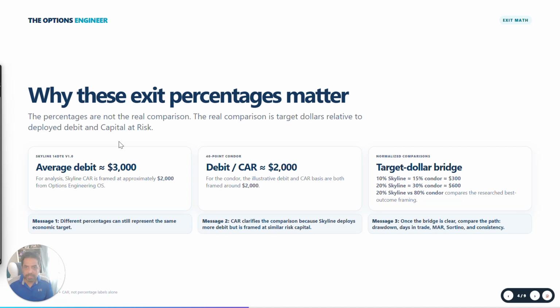That gives us a clean bridge. 10% of Skyline is about $300, which lines up with about 15% on the Condor. 20% on Skyline is about $600, which lines up with about 30% on the Condor. And Skyline at 20% versus Condor at 80% becomes the best outcome research comparison. The percentages differ, but the economics become much clearer.